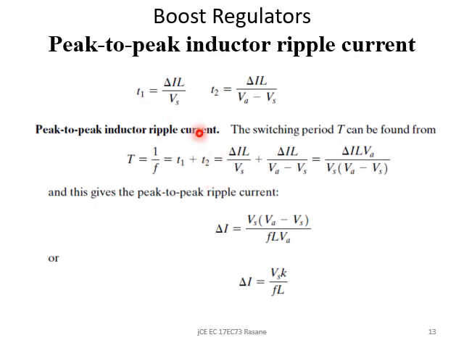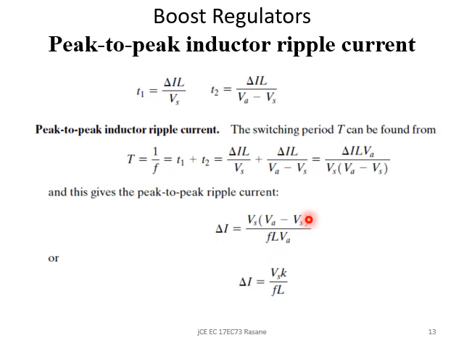I will substitute T1 as delta I into L upon Vs plus delta I into L upon Va minus Vs. Solving this, I get a simple expression, delta I L into Va upon Vs into Va minus Vs. And this gives me the peak ripple current equation.